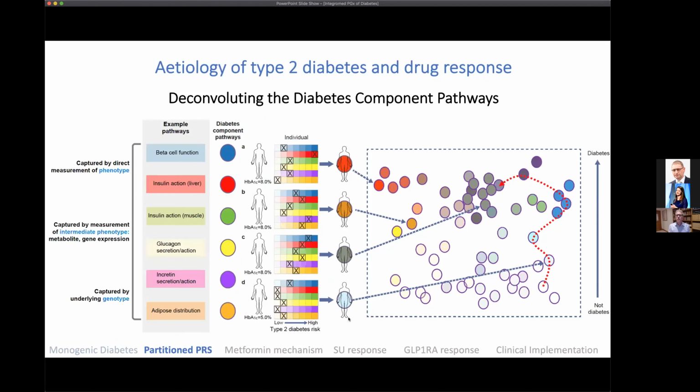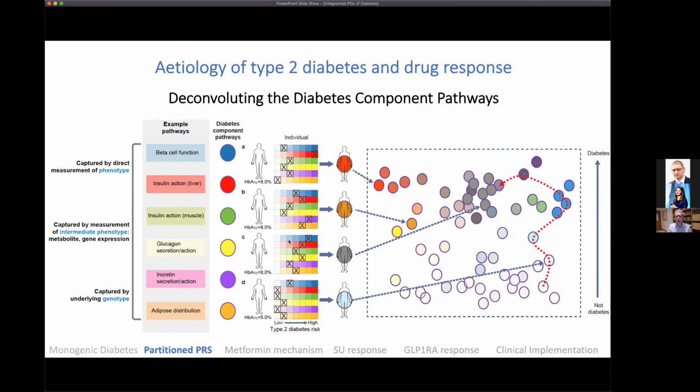There is a concept now generally accepted in the diabetes community, which we call the palette model of diabetes. This is really from Mark McCarthy, and the concept here is that if we imagine every individual with diabetes is a different color, and the color they are depends upon how defective some of their etiological pathways are.